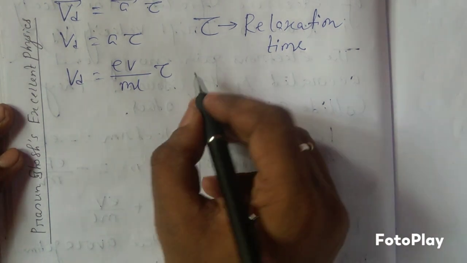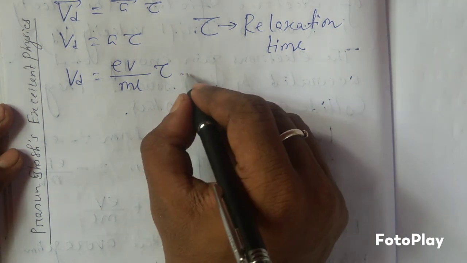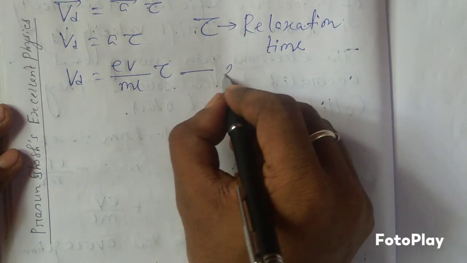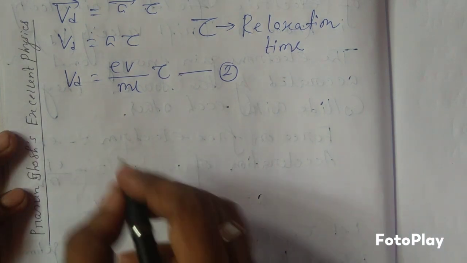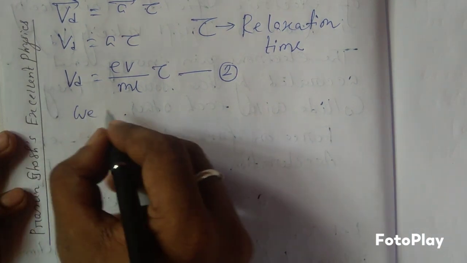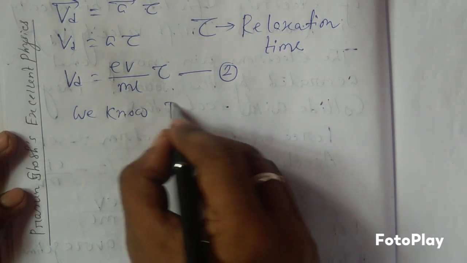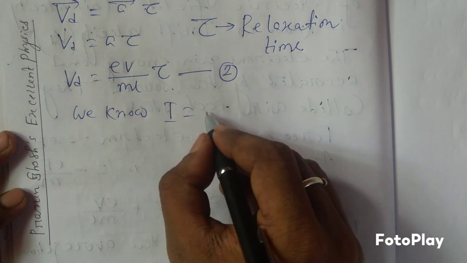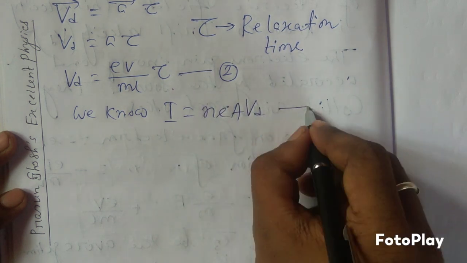This is relation number 2. And we know that I is equal to NEA Vd.